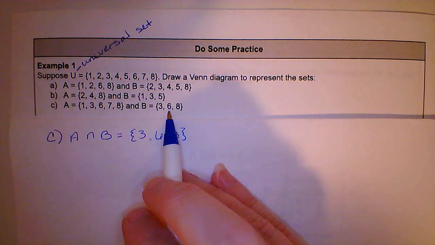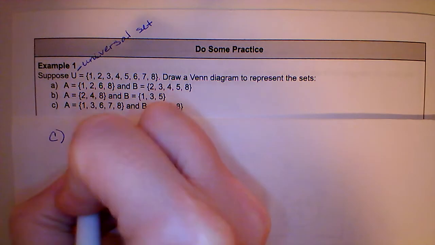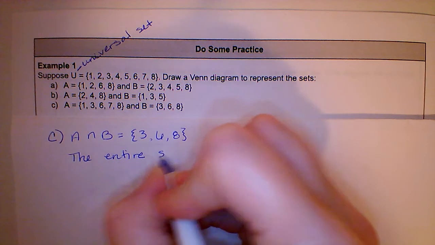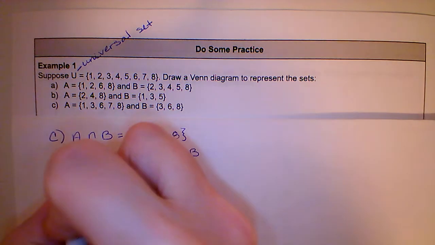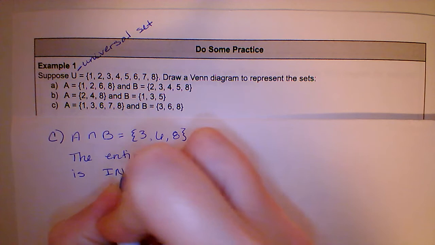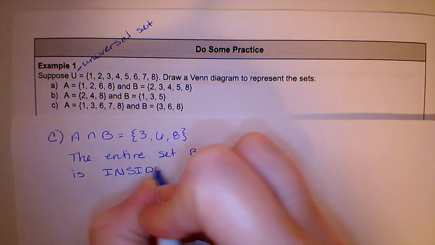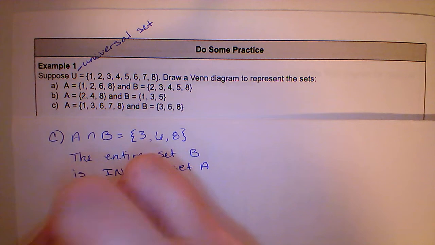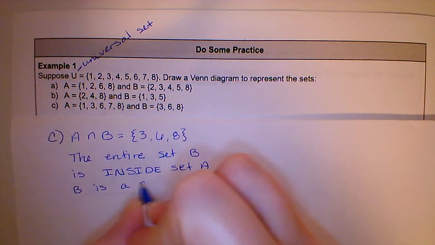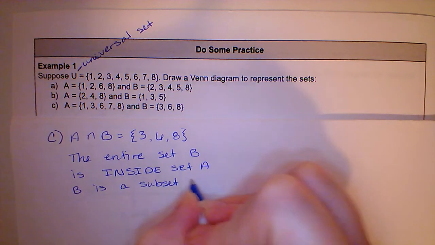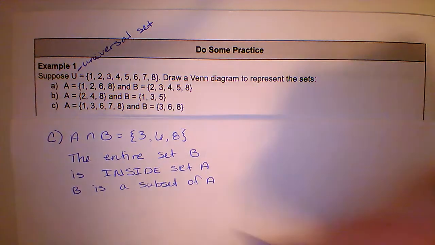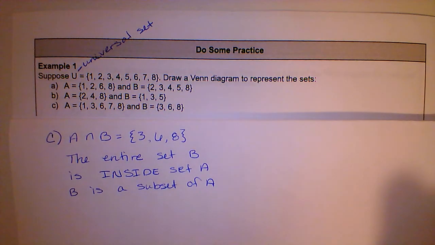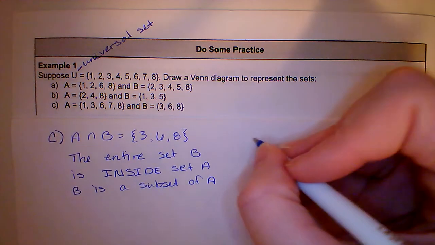So what that's telling me is the entire set B is inside set A. We call it a subset. We say B is a subset of A. Okay? So when I draw this again, it's going to look a little bit different than maybe some of the Venn diagrams I'm used to.